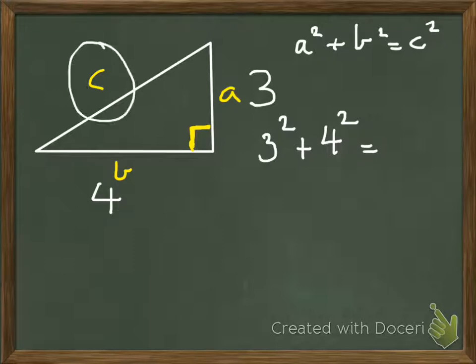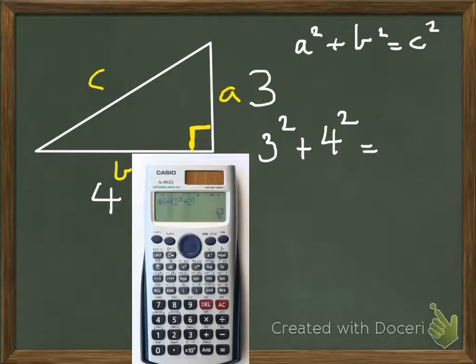If you want to, you can break out the calculator, and for those of you that aren't sure where the square button is, it is just there, or it'll be something similar on your calculator.